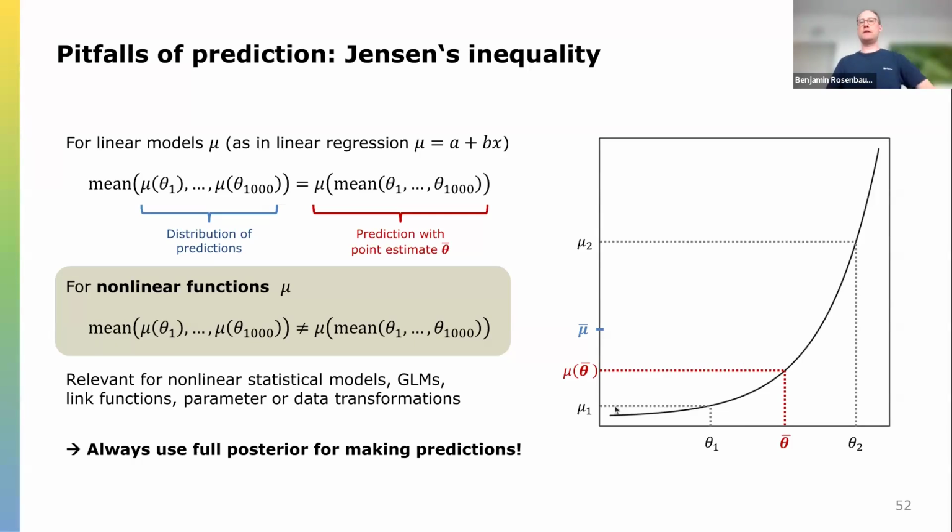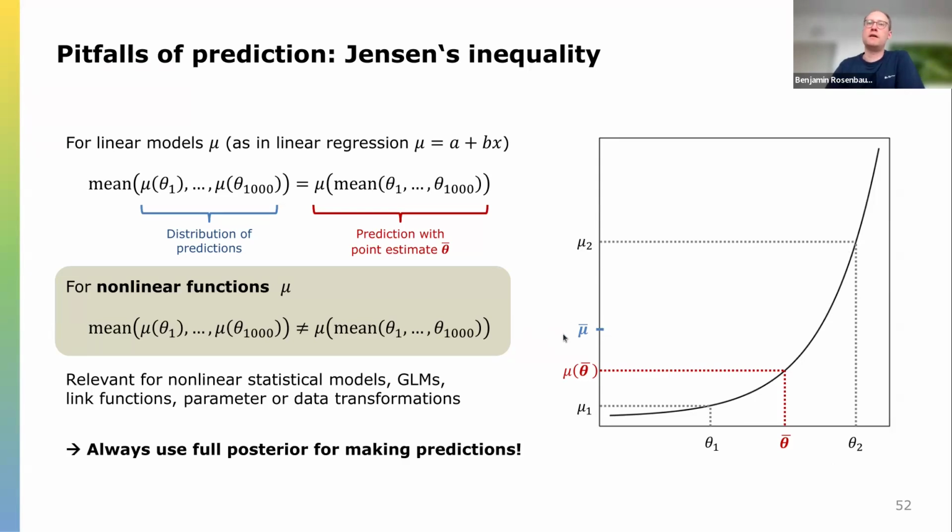And in general, for nonlinear functions, we have this property. So look at this black curve. This is an exponential function, so it is nonlinear. And you have two values, θ1 and θ2. You can make a prediction with parameter 1, this is mu1, and a prediction with parameter 2 is mu2. And then you can calculate the mean.